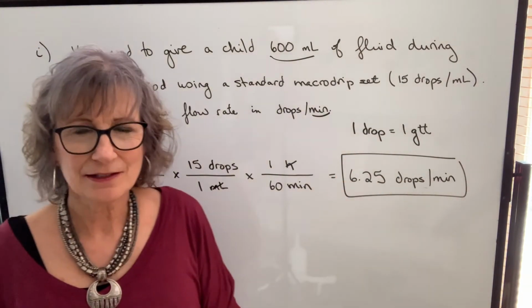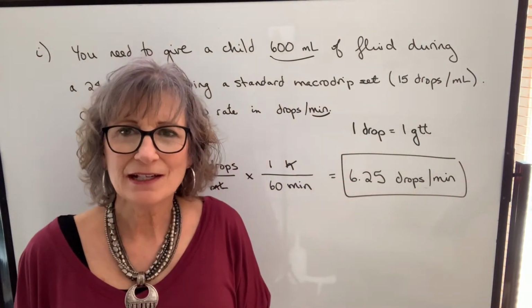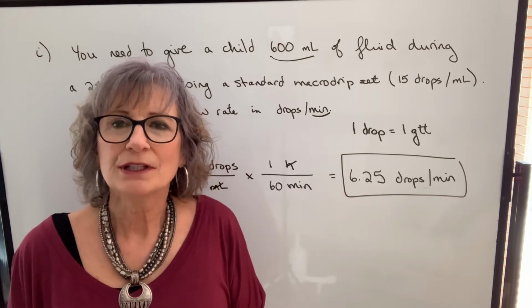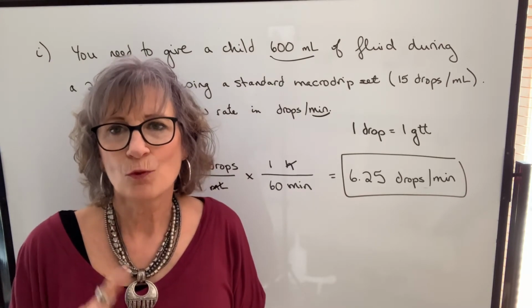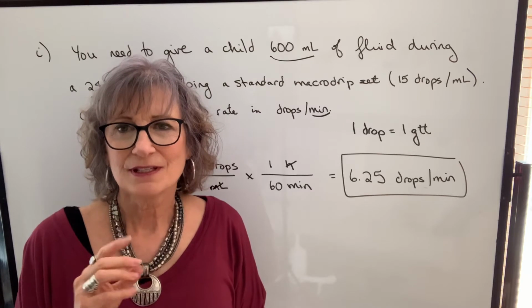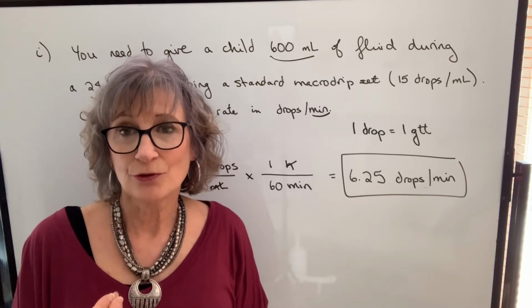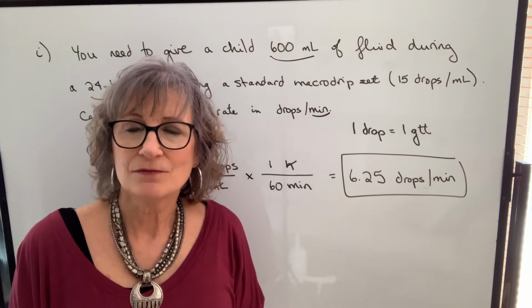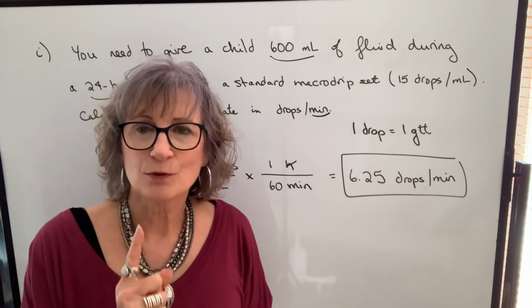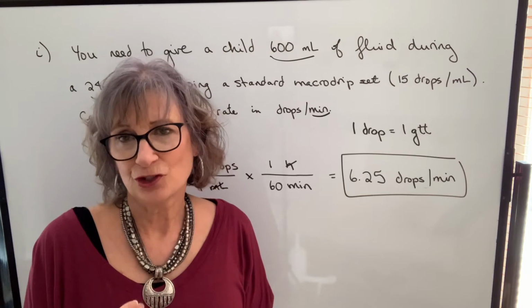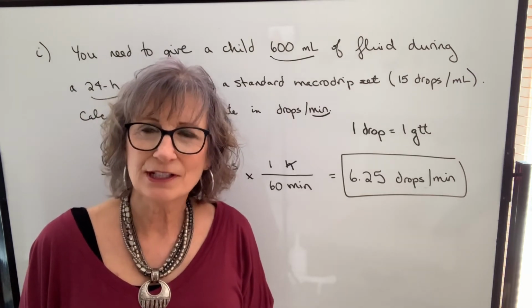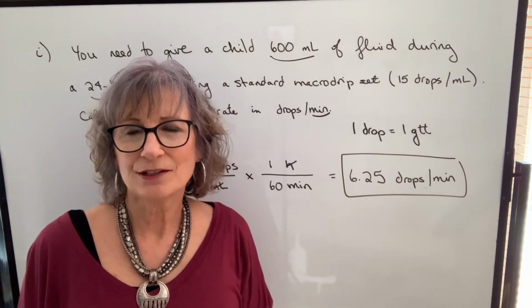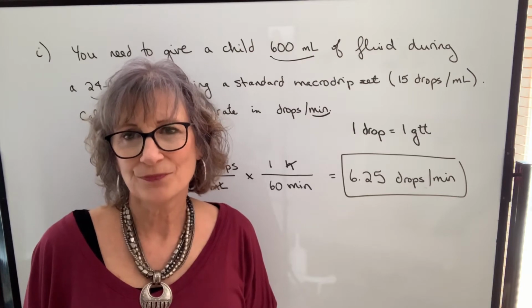Once you obtain an answer, you might be asked to determine how many seconds for one drop. So for example, if you wanted to check whether the flow rate is correct, you might be asked to figure out how many seconds for one drop so that you can do a check. If you're asked a question like that, I think the best way to handle it is with proportion.